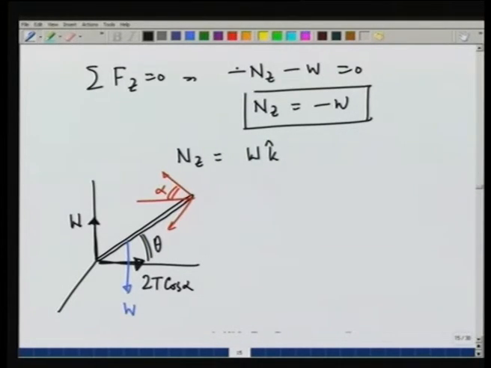Let us now take the condition summation tau is equal to 0.